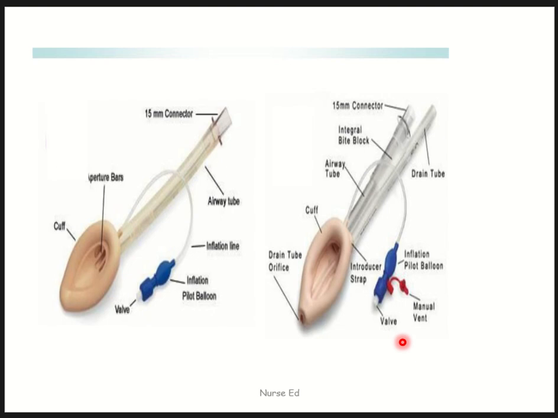So when you take both the pictures, the normal LMA picture, you know how to identify it. The pro-seal type is with an additional tube and also at the tip you can see a drain orifice. So this tube is the drain tube and this is the drain orifice which is fixed above the level of the esophagus.